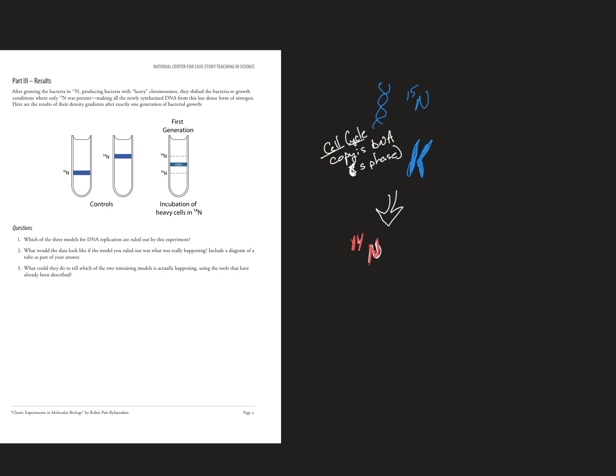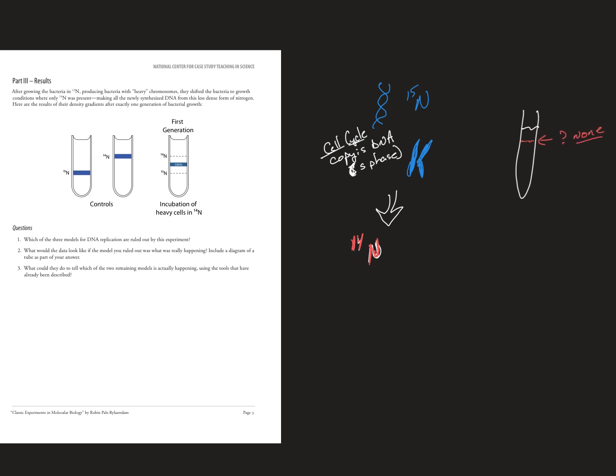And we spun it in that centrifuge, and we looked at the test tube. What we would find is we would not find the band at the lighter depth, where we would expect it.